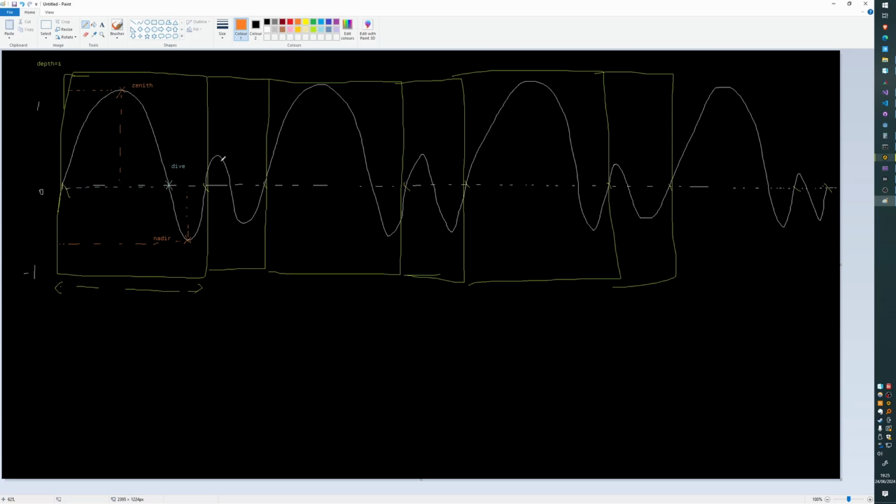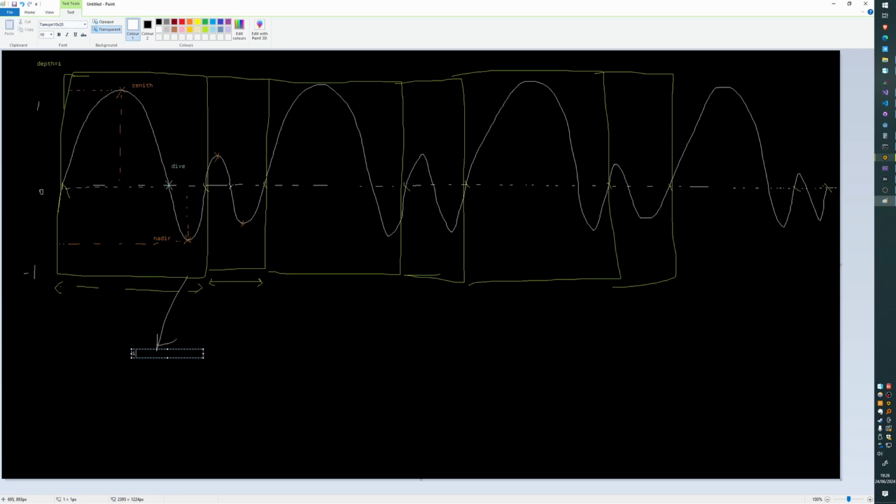So again, I'm going to find all of the same information. That's the zenith, nadir, with the value and the distance, and the dive, and the width. And I'm going to compare this with this, and compare this with this, compare this with this, compare this with this, and I end up with some diff value.